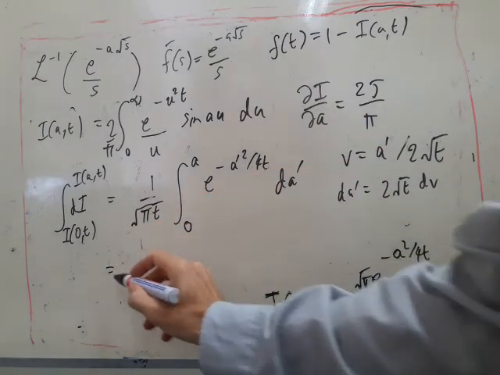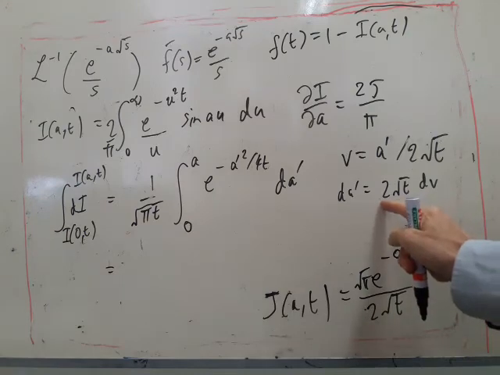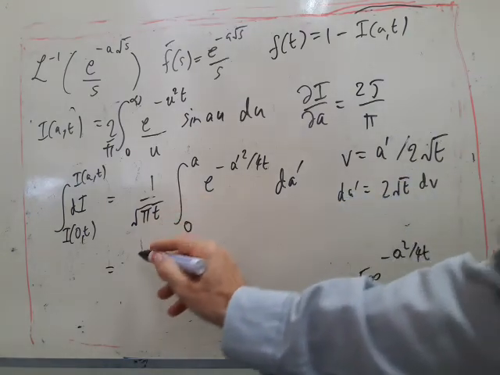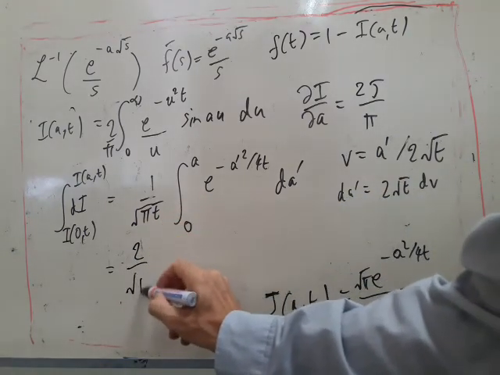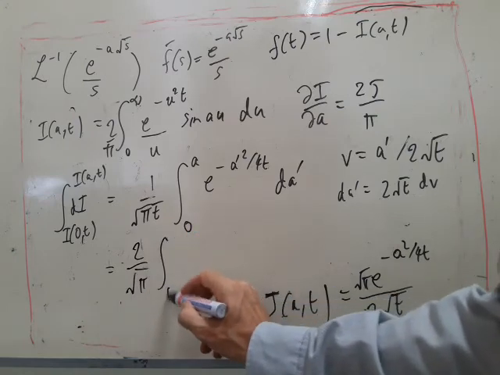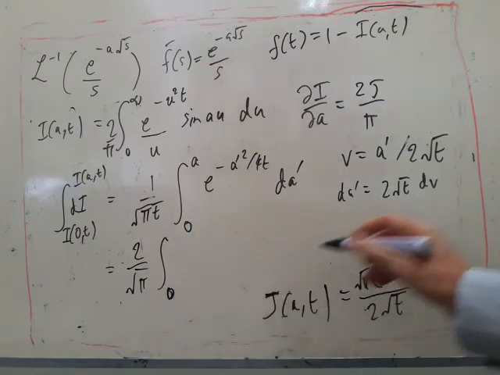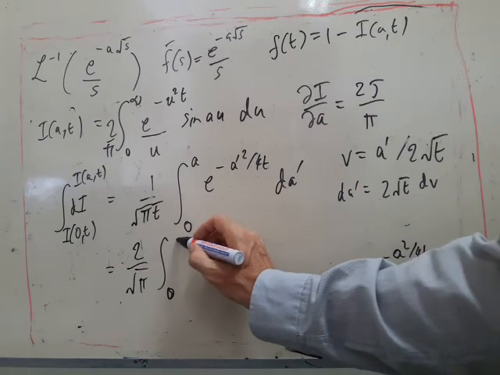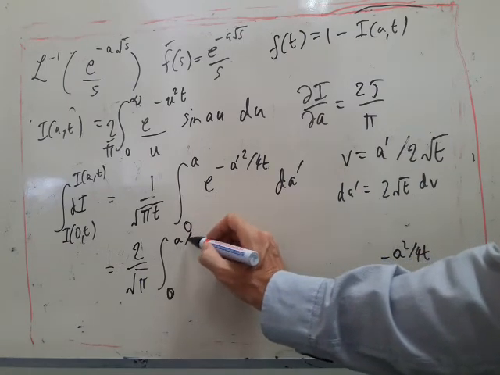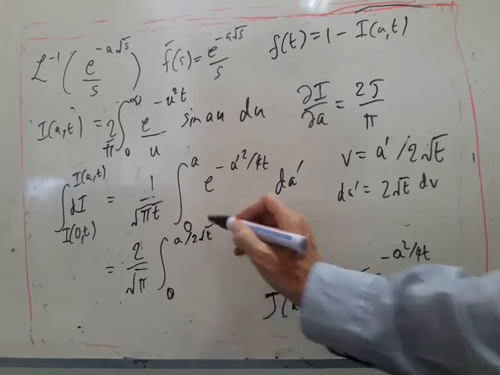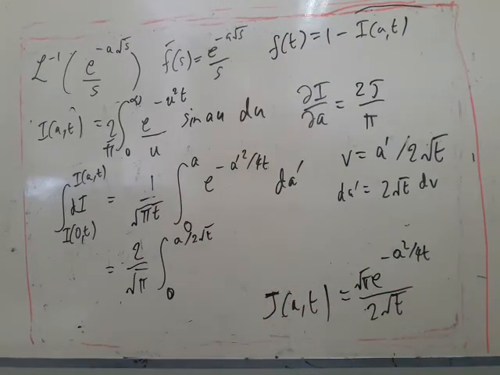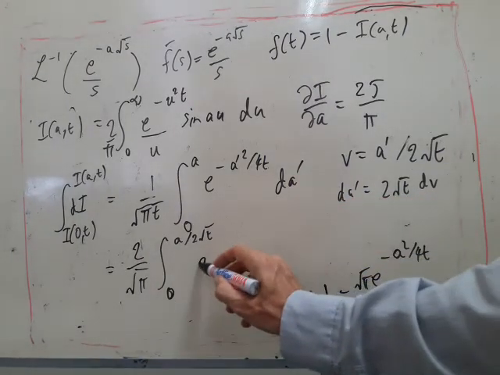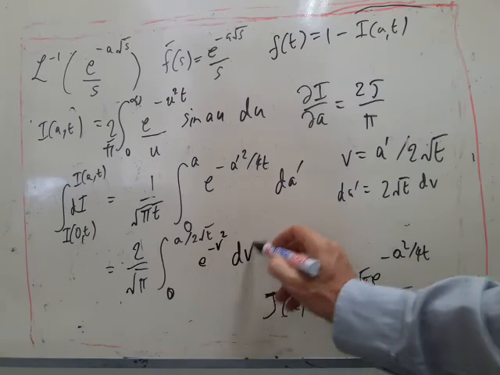So making that change of variable, the root t cancels this root t, and I get 2 over root pi, integral from 0. v is equal to this over this, so I've got a over 2 root t on the top, and I've just got e to the minus v squared dv.